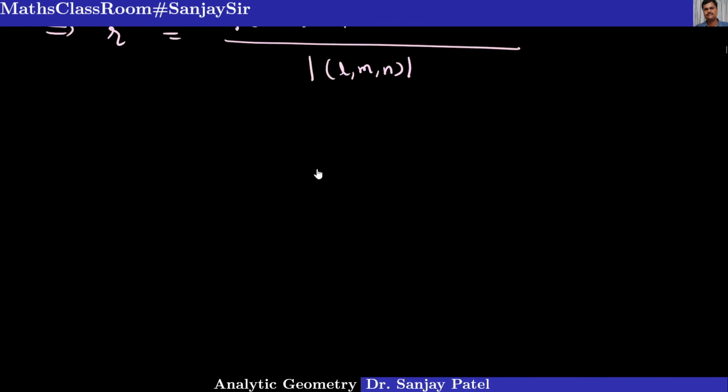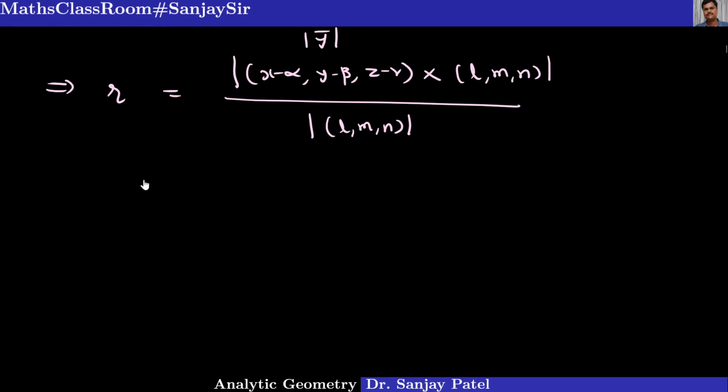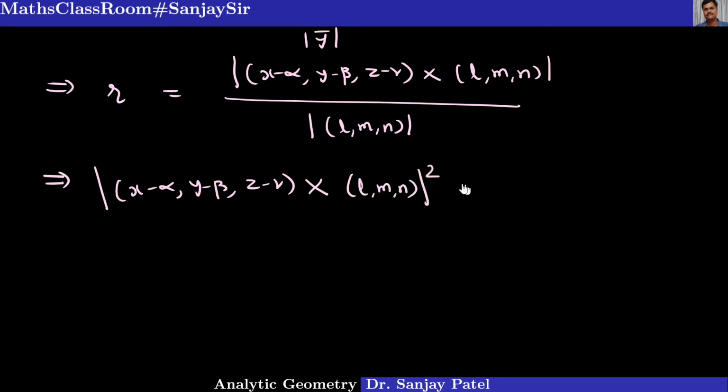Let me write this way. Squaring both the sides, I can write this as x minus alpha, comma y minus beta, comma z minus gamma, cross L, comma m, comma n, whole square is equal to R square into L square plus m square plus n square. Okay.